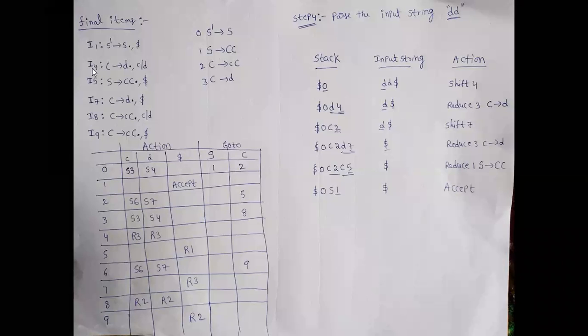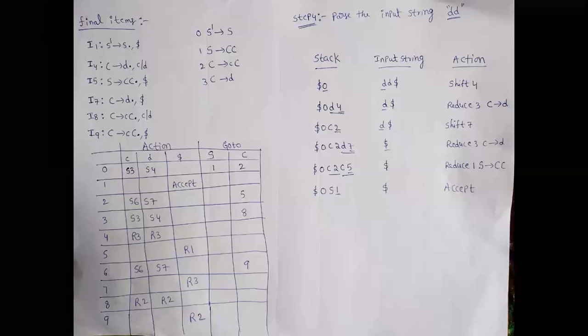And what is the next final production? I4. So C production with D dot. What is the number of C production with D? This is 3. So we are placing R3. In which position? In the previous class, in the previous example, SLR parsing table, we had to calculate the follow of the non-terminal. But in this CLR parsing, we have to use the look ahead.